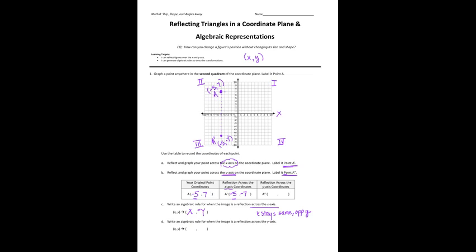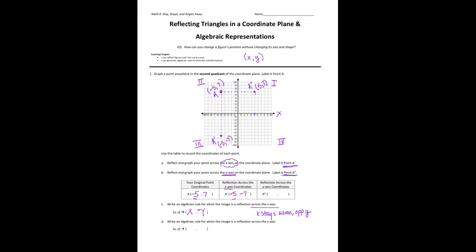It is 1, 2, 3, 4, 5 units on this side. So it's going to be 1, 2, 3, 4, 5 units on this side. And as you can see, if you look down here, the x coordinate is a +5 now. The y coordinate is still a +7. And this is A double prime.